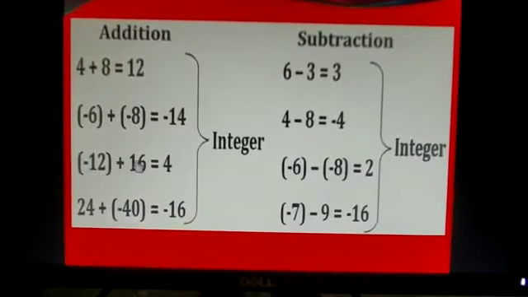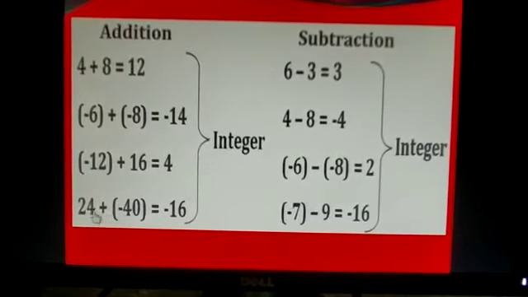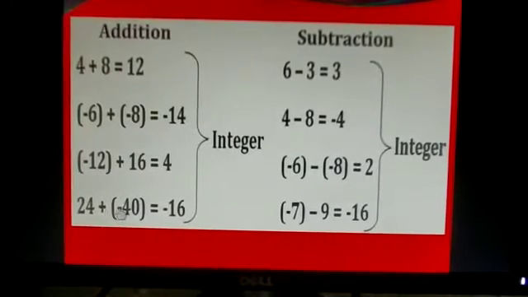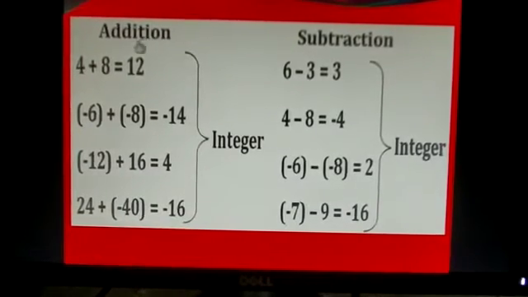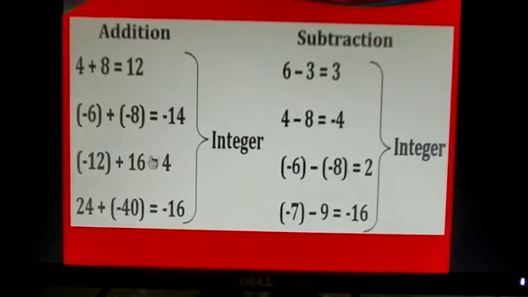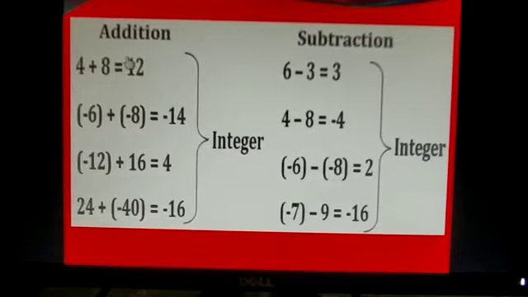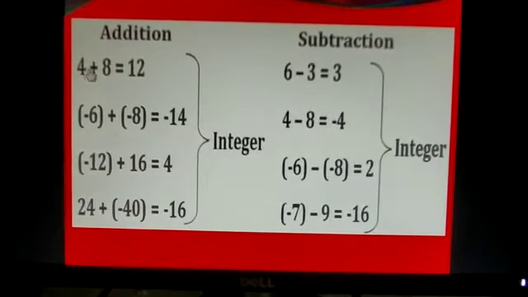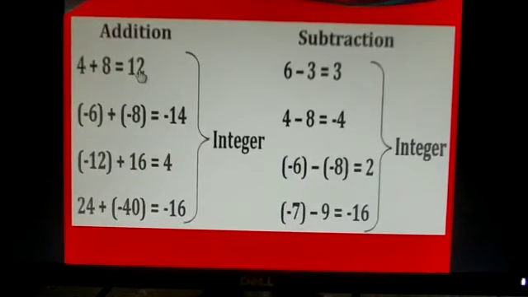Negative 12 plus 16 is equal to 4, and 24 plus negative 40 is equal to negative 16. In all these cases, the sum will remain as an integer. So when you add two integers, the sum will remain as an integer.